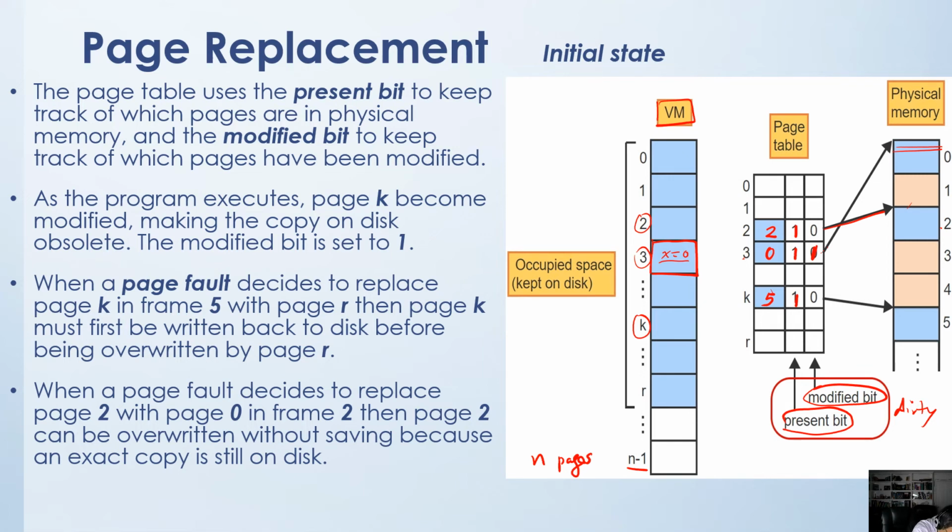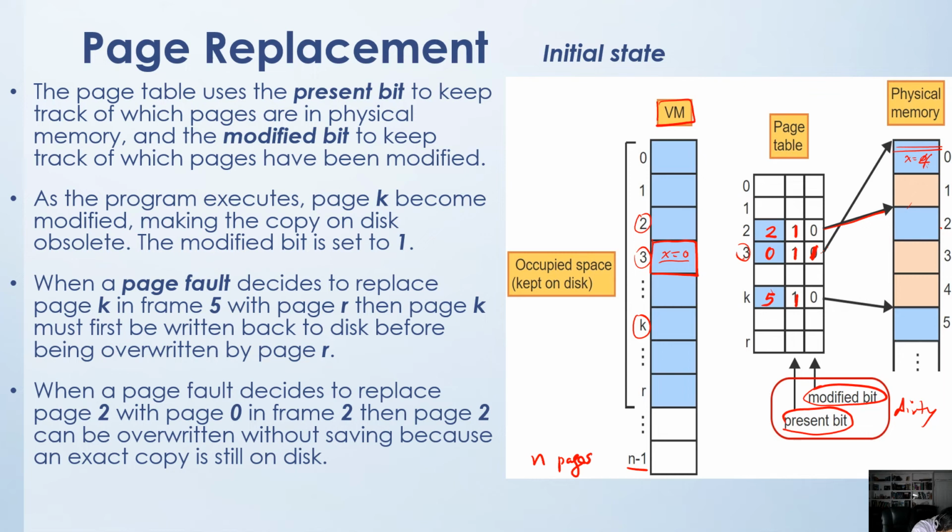So we load page 3 into the physical memory, then x equals 0. During the execution, the value of x is changed to, for example, 4. Then we have to modify this modified bit from 0 to 1, because once page 3 is loaded into the physical memory, the data has been changed.